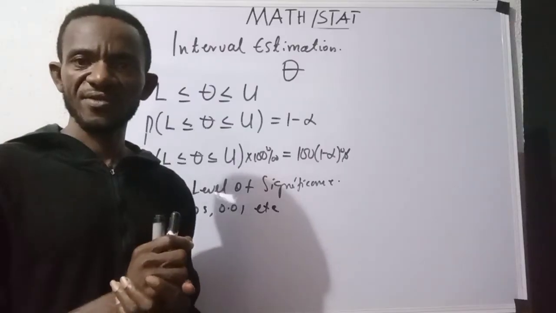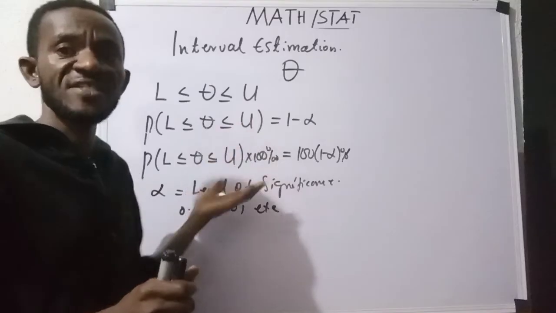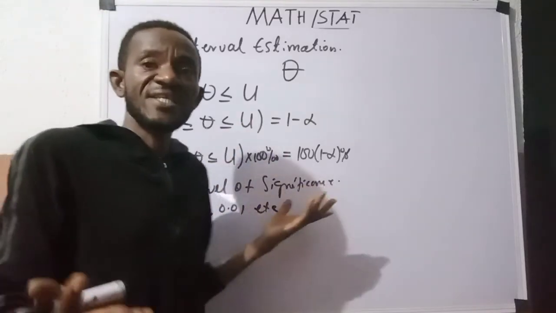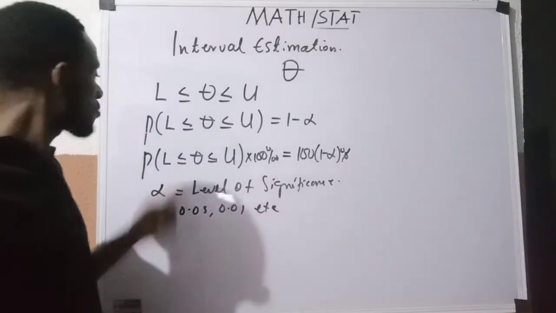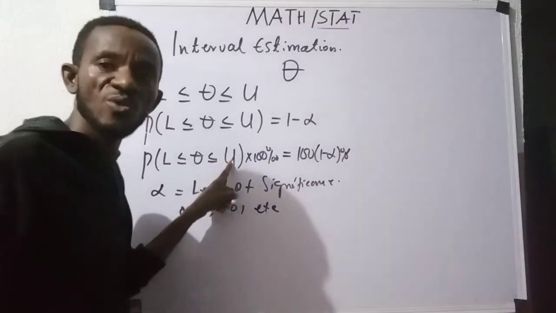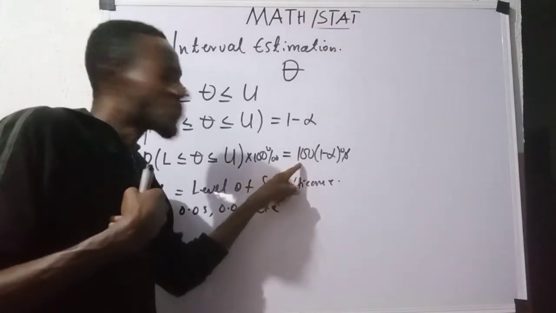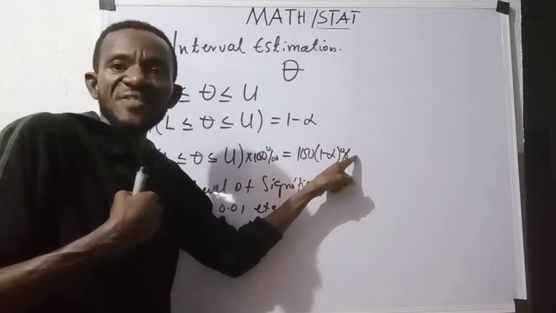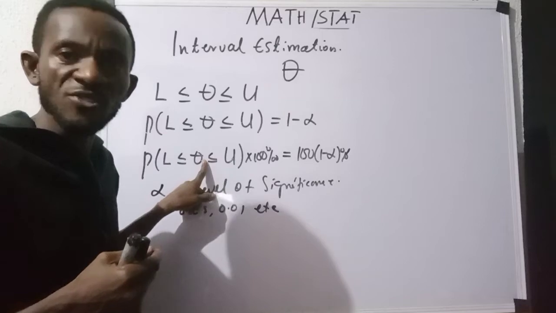We already explained all these things that day, but we just want to refresh our minds on it. So in this case, our interest is how do we obtain the true values of L and U, such that we have a confidence of 100 times 1 minus alpha percent that the interval is going to contain the unknown population parameter theta.